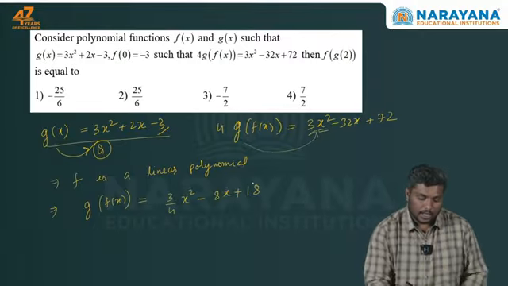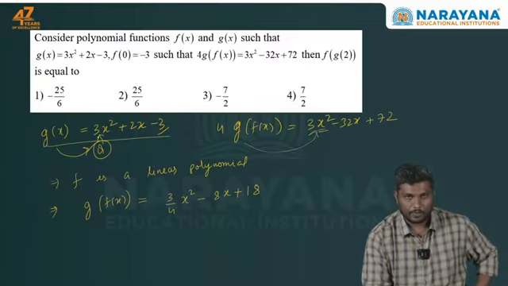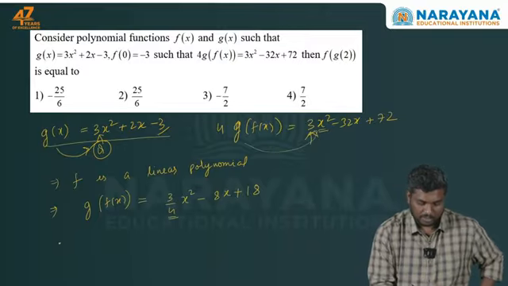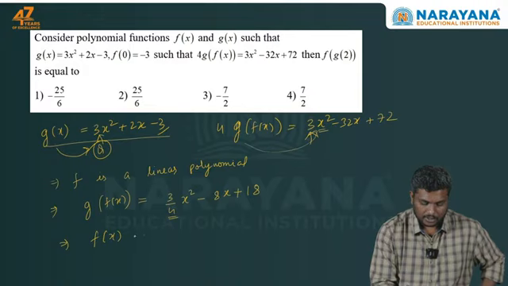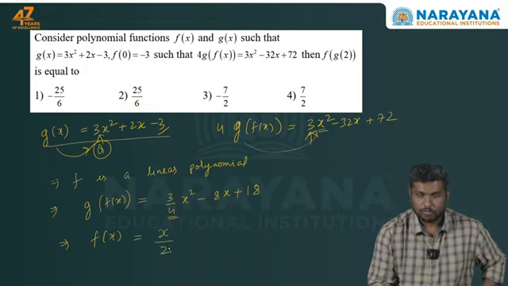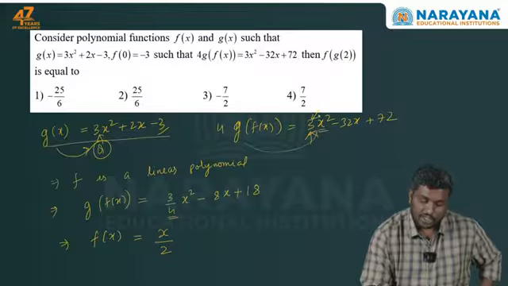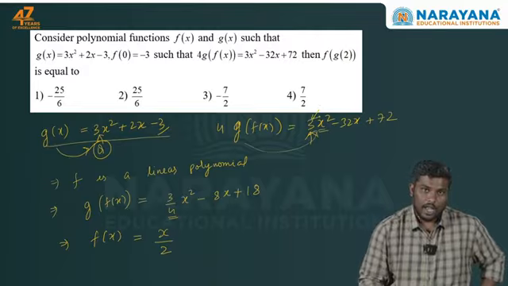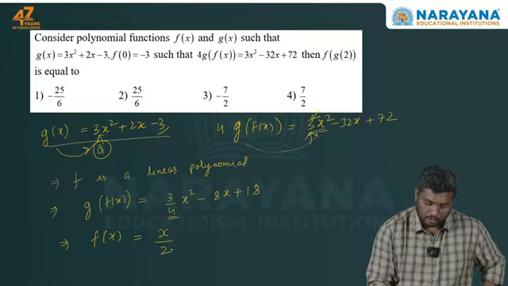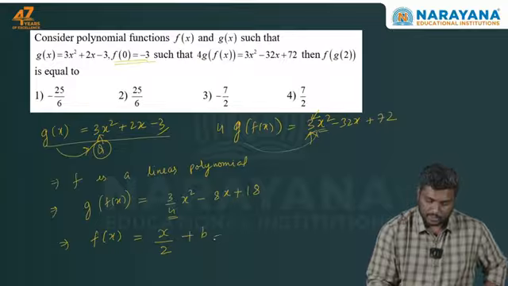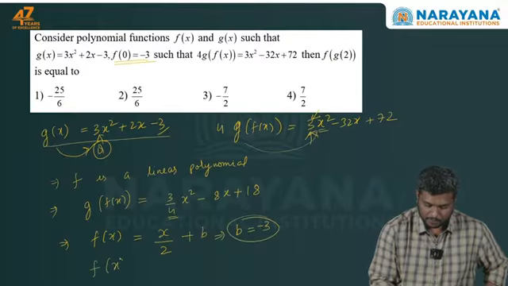As you can clearly see, earlier the leading coefficient was 3, now also the leading coefficient is 3, and now there is a by 4 here, which clearly indicates f of x leading coefficient will be x by 2, because the leading coefficient here 3 did not change after substituting f of x, and then there is 4 in the denominator, so x by 2 plus some constant b, okay, and it is given f of 0 is equal to minus 3, so b value will be minus 3. We got f of x. What is f of x? x by 2 minus 3. This is f of x.